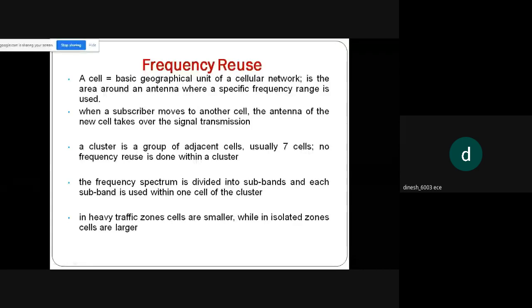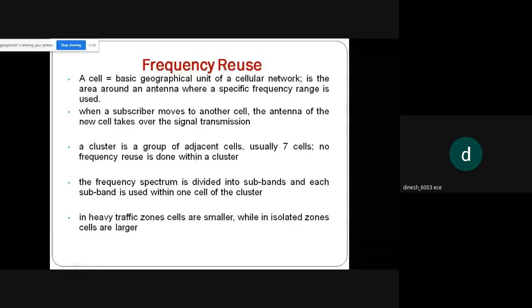Then this cluster or group of adjacent cells is taken into consideration with some frequency reuse factor. Usually we take 7, and I'll explain the reason as well. Then the frequency spectrum is divided into subbands, and each subband is used within one cell of the cluster, and that too in the heavy traffic zones.